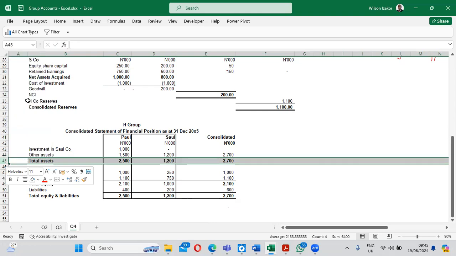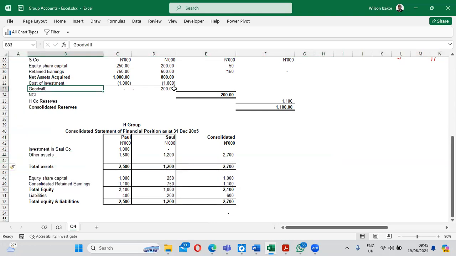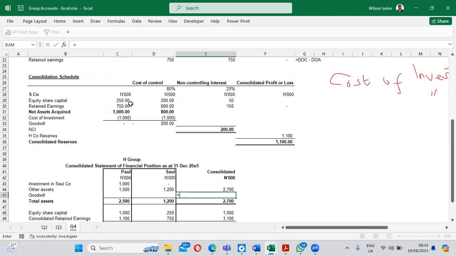Remember, we have calculated a goodwill here. So we pick this goodwill. All right. So the goodwill that we have calculated there is 200.